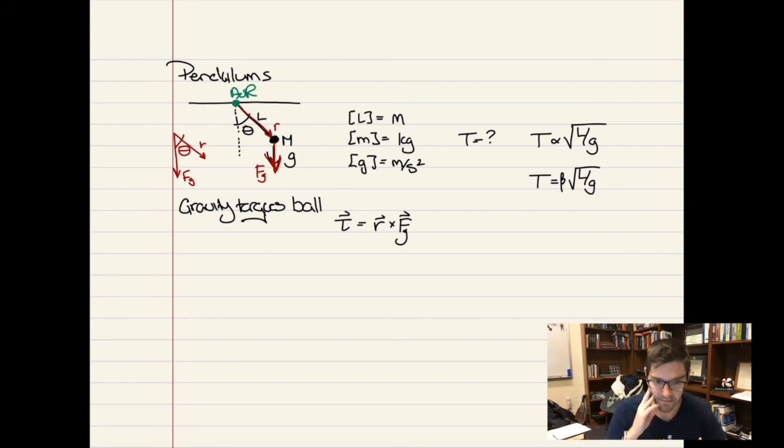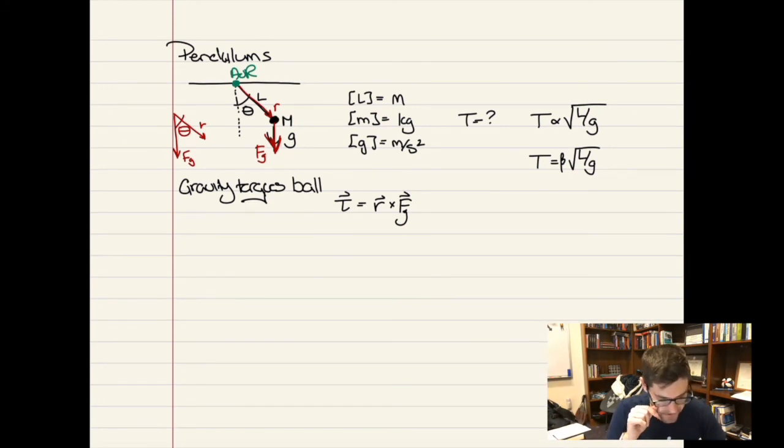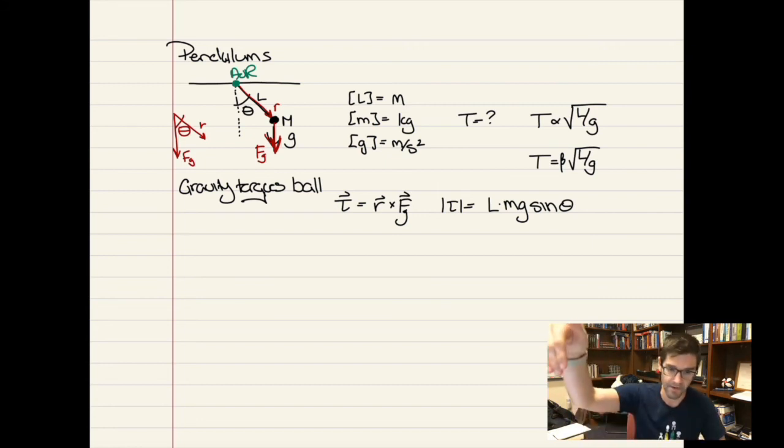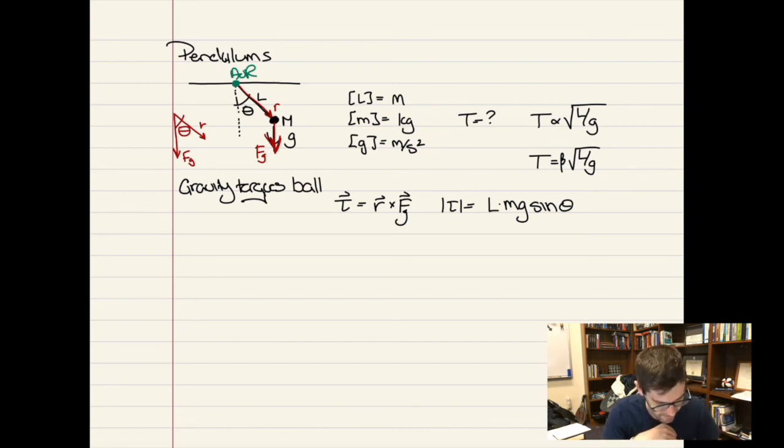Let's look just at this snapshot here. The magnitude of the torque in this case is going to be the magnitude of the moment arm, which is L, times the magnitude of the gravitational force, which is mg, times the sine of the angle between them. Since, given the way I've made this drawing, at this point it wants to rotate clockwise and not counterclockwise, and remember, we said clockwise is assumed to be the negative direction, the torque is negative.